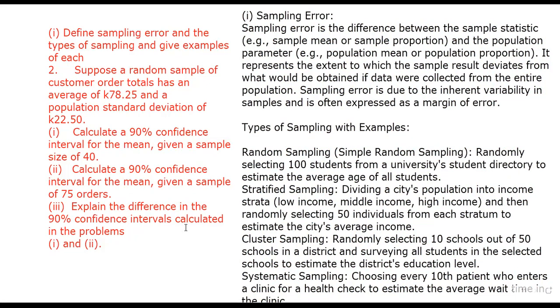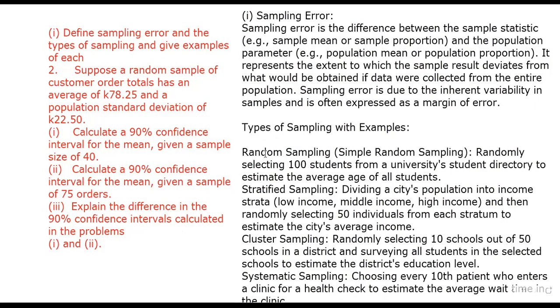For instance, you have 10 balls in a data set. That's a population. Then out of that, you only manage to weigh 5 balls and you get the average to be 1.2. And the actual weight for the 10 balls is 1.5. The difference between 1.5 and 1.2 is called the sampling error. So it is the difference between the actual of everything and the sample of 5 balls, the one you sampled.